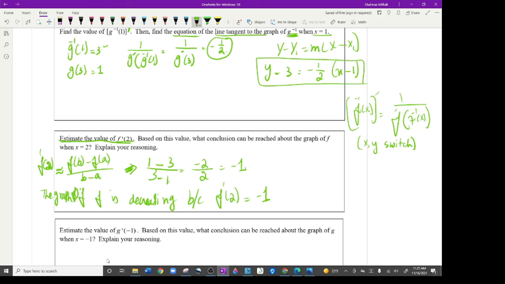Or you can say f prime 2 is less than 0. Doesn't matter. For the reasoning, less than 0. And that's your answer. Are we clear, guys?